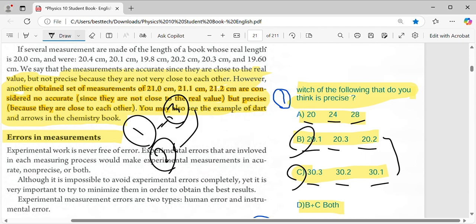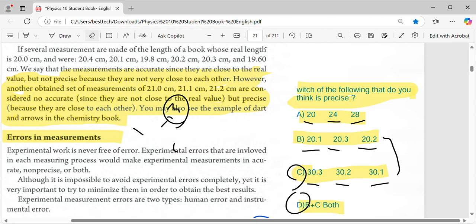So part B and part C, both of them are close together. So the right answer is D, because B and C together are right. So for precise, you check the results. If the results are so close to each other, it's called precise. Otherwise, if they are far, it's not precise. But for accuracy, the numbers that you get should be close to the original value, then it's accurate.